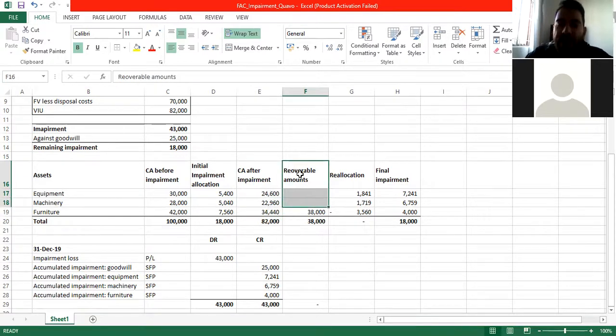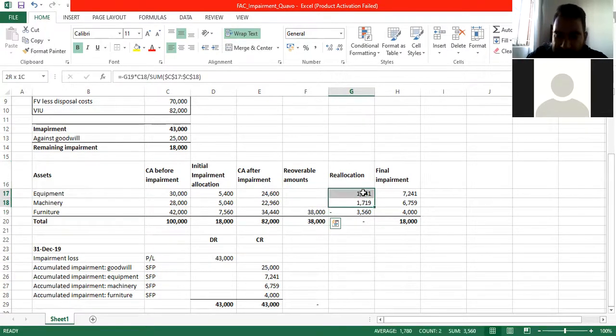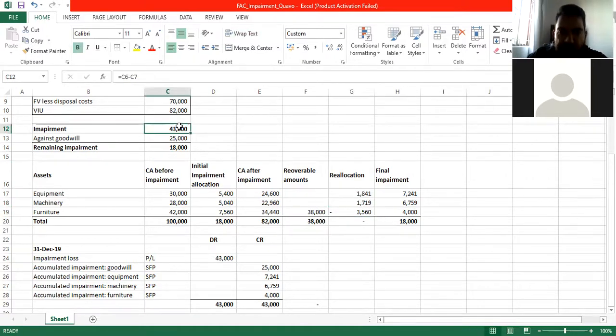That is why we have this column to check. If it is less, you need to do a reallocation and take it against other assets that can absorb it. If other assets cannot absorb it, so let's say the other assets could not have absorbed it, then our final impairment would have been 43,000 less the 3,560. That is just basically the mechanism of how it works.